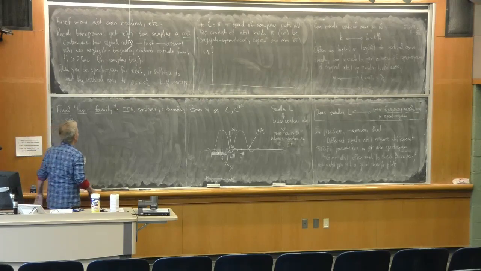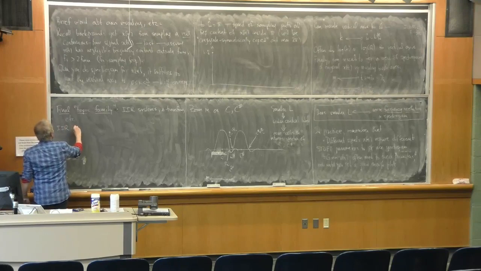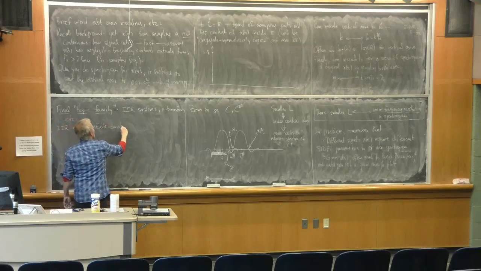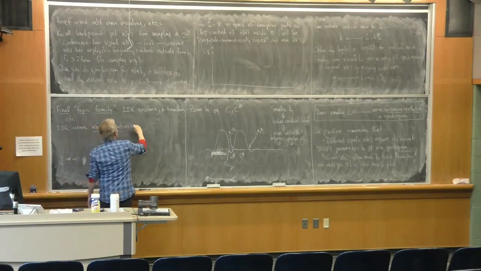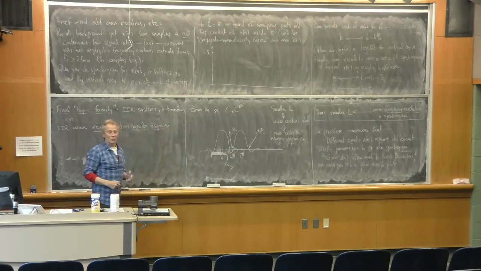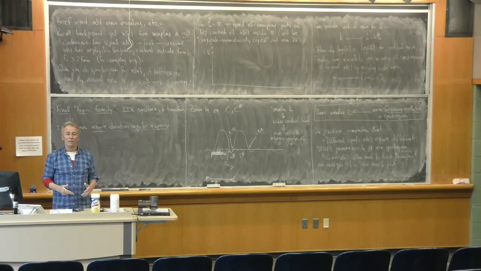All right, so IIR system. What does IIR mean? It means infinite duration impulse response, and we're going to see why the systems we look at have infinite duration impulse responses by calculating them by hand.